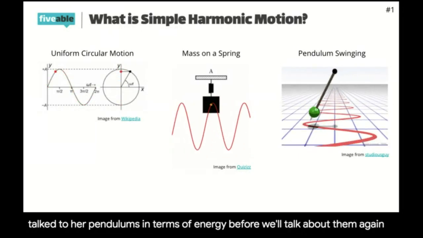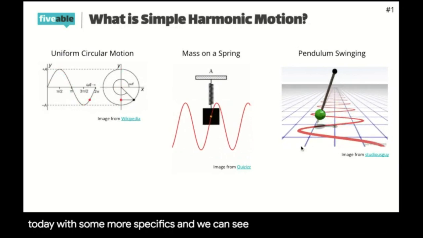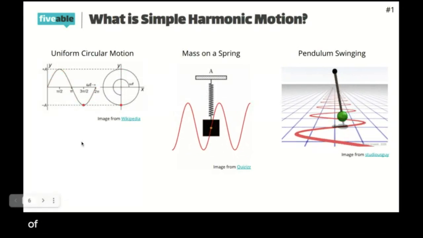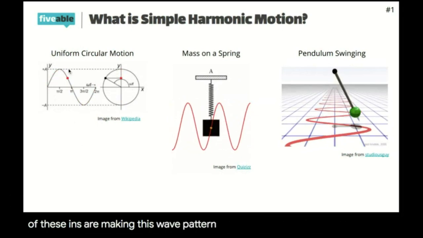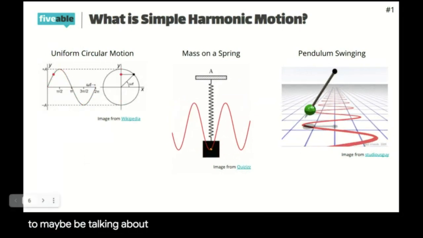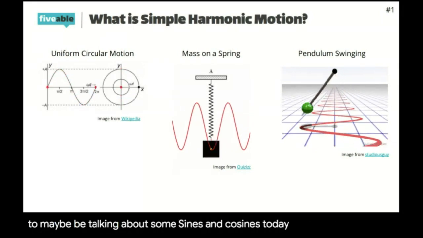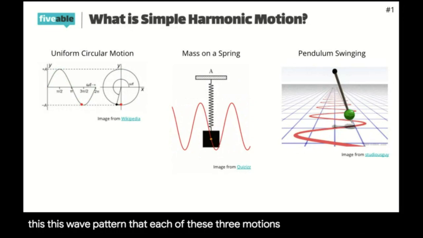We'll talk about them again today with some more specifics. And we can see here that all 3 of these motions are making this wave pattern. So hopefully we see that we're going to be talking about some sines and cosines today as we look through this wave pattern that each of these 3 motions are creating.